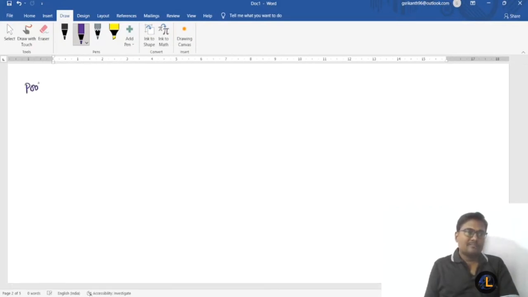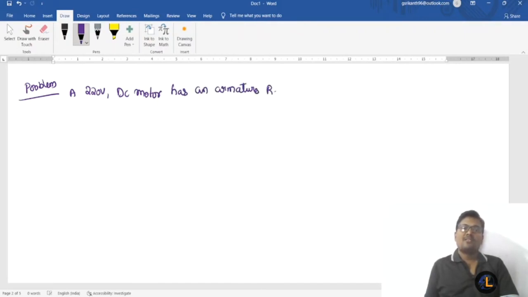So one problem: a 220 volts DC motor has an armature resistance of 0.75 ohms.